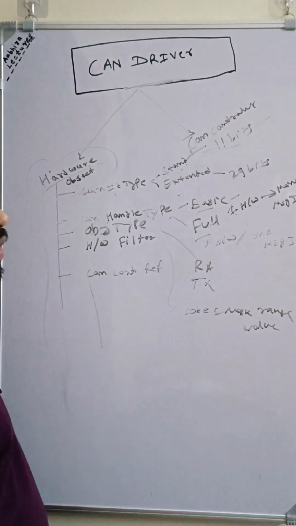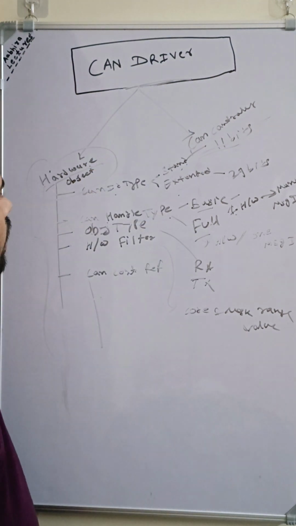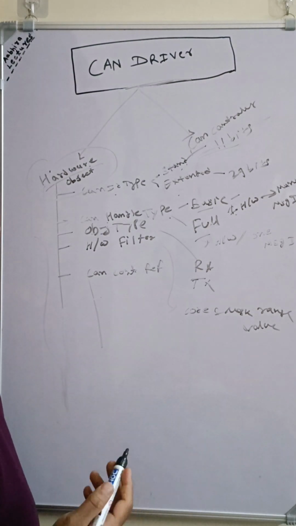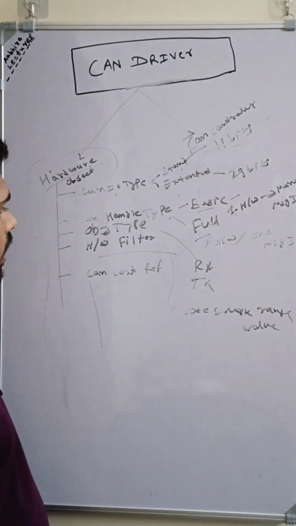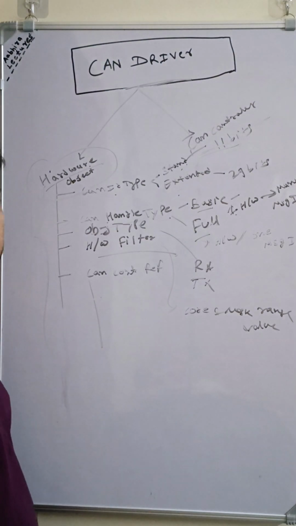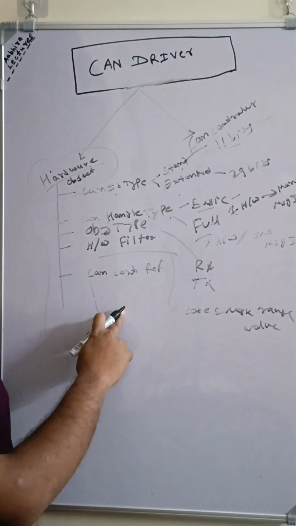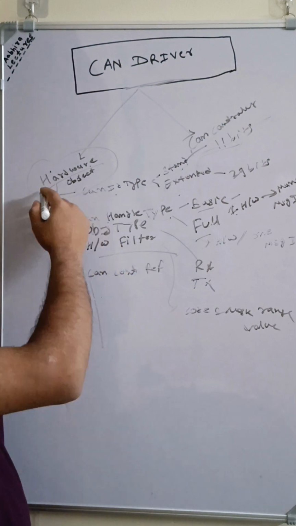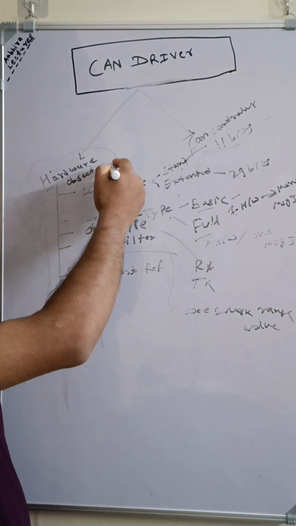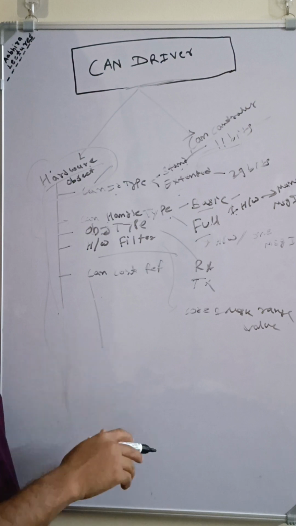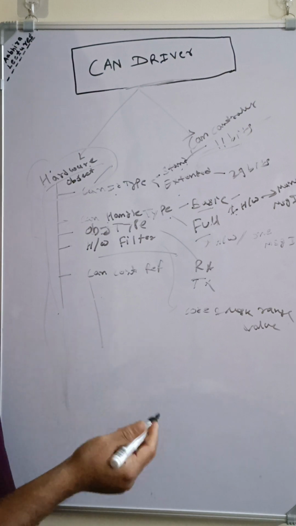We have to configure all the parameters like CAN ID type, CAN handle type, object type, whether it's TX or RX, hardware filter, and give the CAN controller reference. So these things we configure with respect to the message. In hardware object, hardware is a mailbox dedicated.